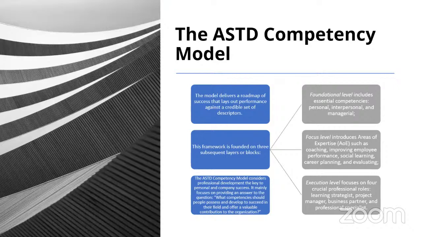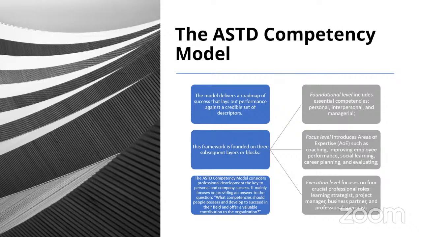Then we have the American Society for Training and Development Competency Model. The model delivers a roadmap that lays out performance against a credible set of descriptors. This framework is founded on 3 subsequent layers of blocks. These blocks are the foundational level. In the foundational level, we're assessing essential competencies like personal, interpersonal, and managerial competencies.